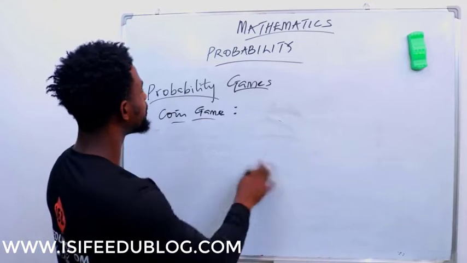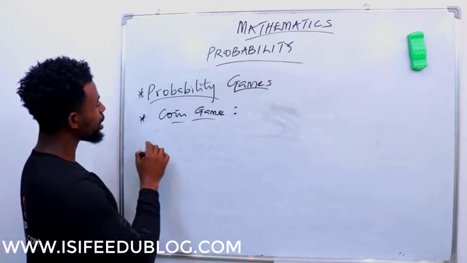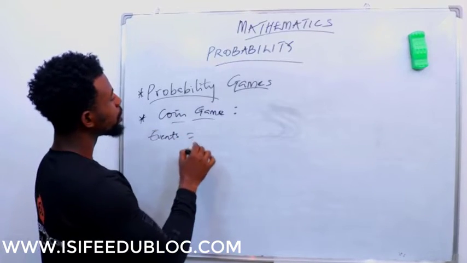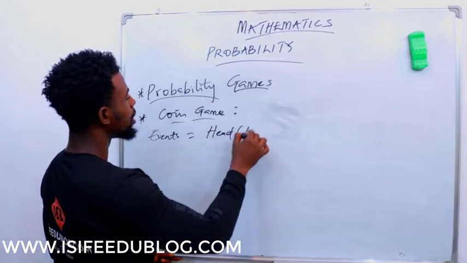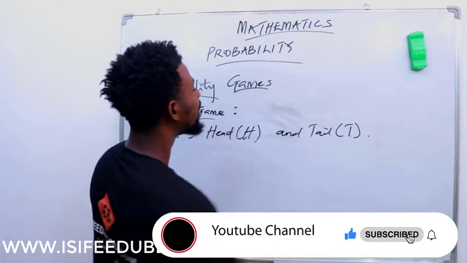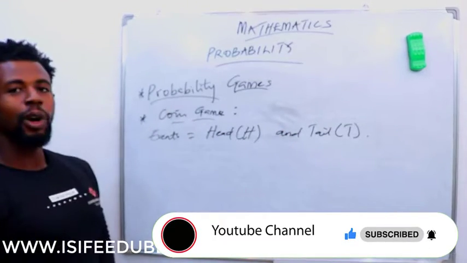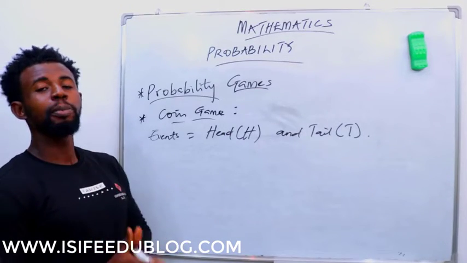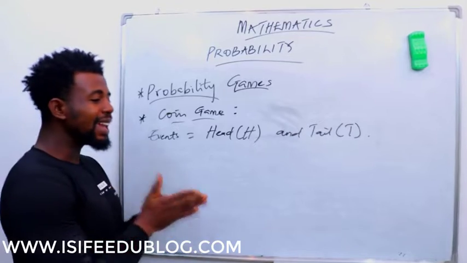So in a coin game, we have just 2 possible events, which is our head, represented with letter H, and our tail, represented with letter T.